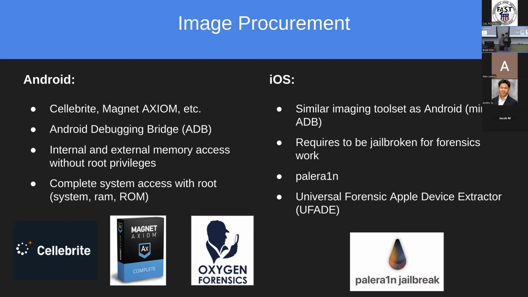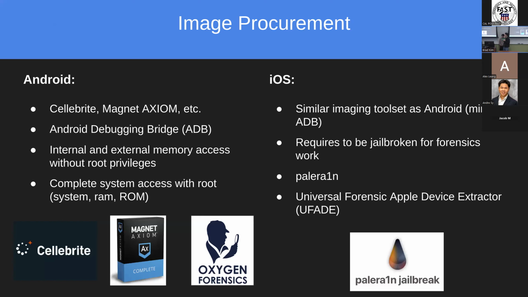Now, without root privileges, you can extract most of the data you want to investigate, such as the internal and external memory access. But real briefly, root privileges are basically equivalent to root on Linux or administrator access on Windows; they let you get access to system files, things like that that are usually locked for a regular user.